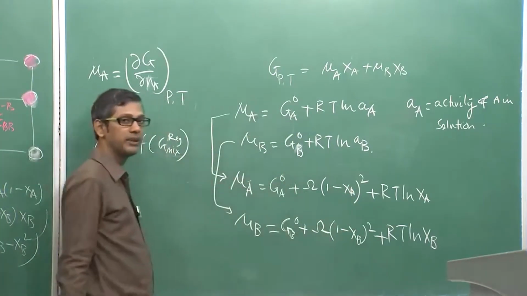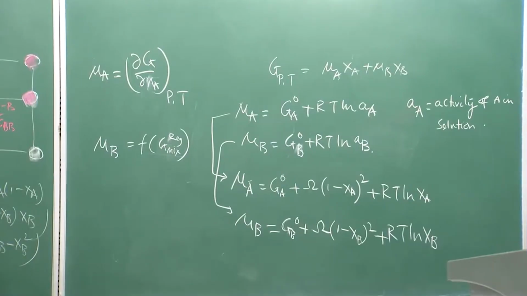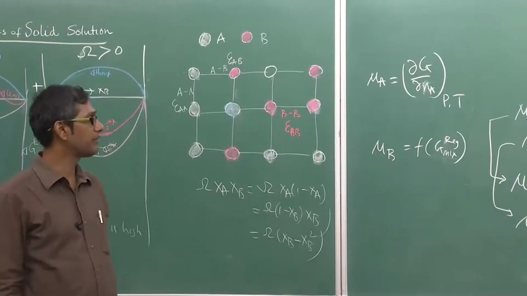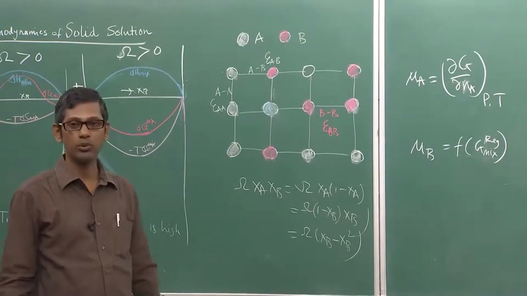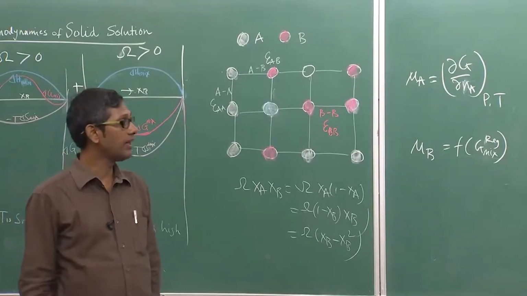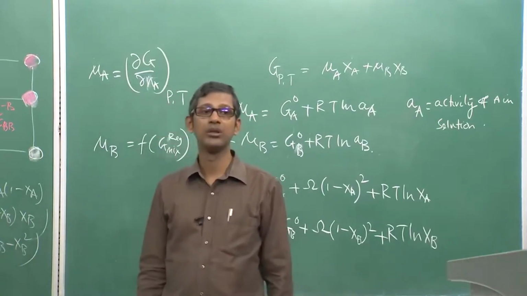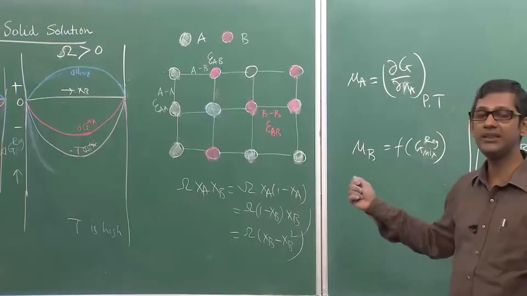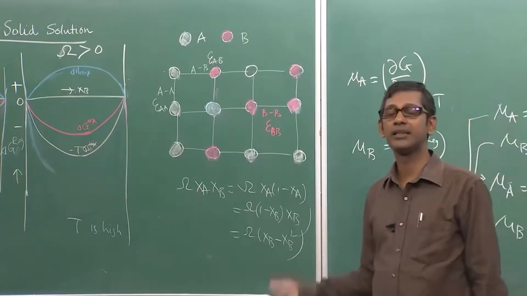This is important because you will like to plot these chemical potentials at a fixed temperature for different values of mole fractions of A or B. And then, because the chemical potential actually determines the relative stability of the phases. Stability of the phases depends on whether the chemical potentials are equal or not at the interface. So finally it boils down to this: the whole quasi-chemical theory allows you to not only get the G or delta G mix of regular solutions, but also calculate the chemical potentials.